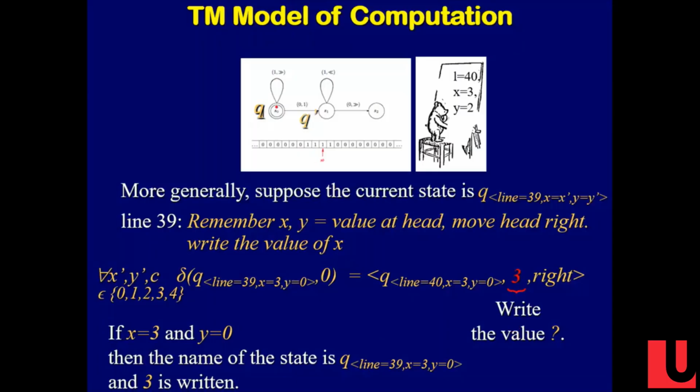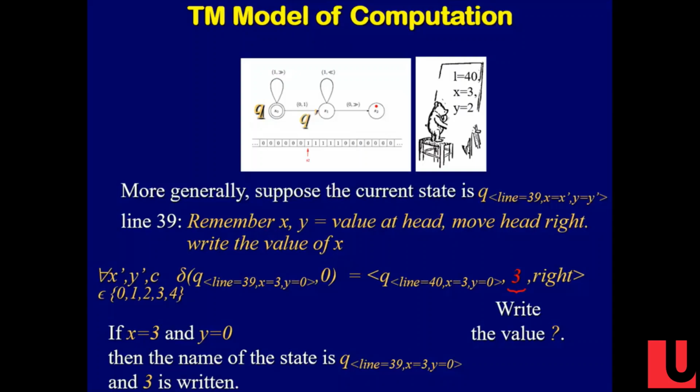So here we're saying it again. If X is 3 and Y is 0, the name of the state is 3, 0, and what I'm writing is 3. So if I'm in this state, then what I write is a 3. That's what my table tells me. Column 3, this state, write a 3.